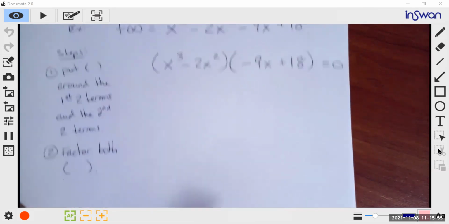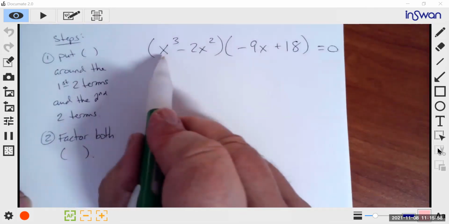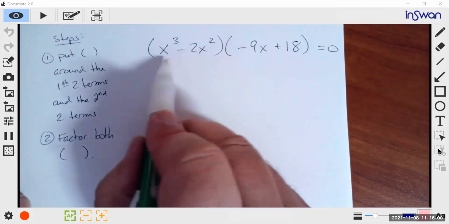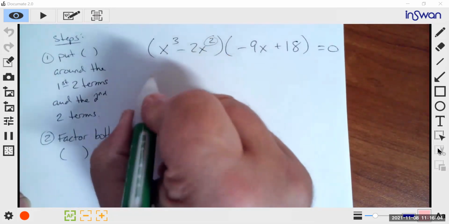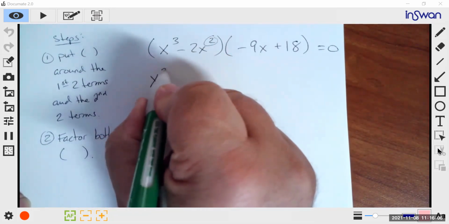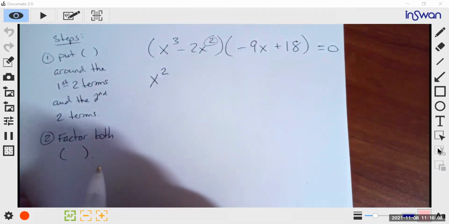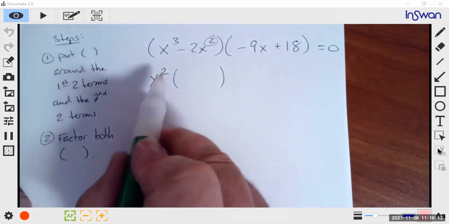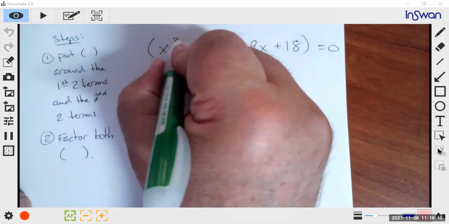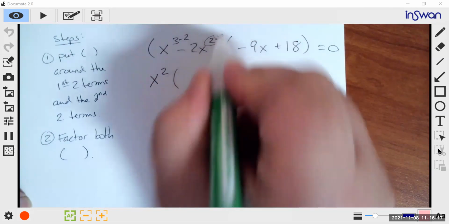Now factor both parentheses. What do the first one have in common? They have 2 x's. So I have to add x squared. Since I took away 2 x's, I subtract 2.